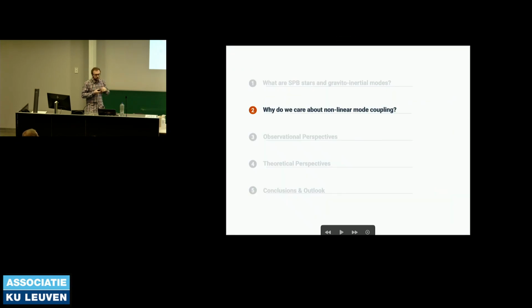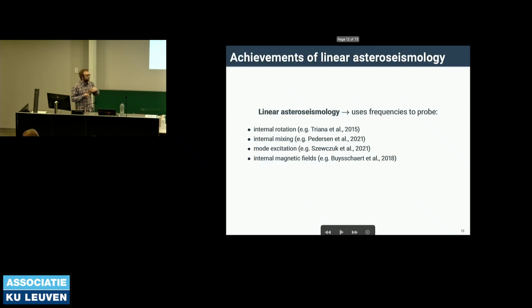So now that we have a better understanding of what these SPB stars are and what modes are propagating inside them, we should ask ourselves the question, why do we even care about nonlinear mode coupling? In order to give you a better understanding, we first take a look at what was achieved already with linear asteroseismology for these types of stars.